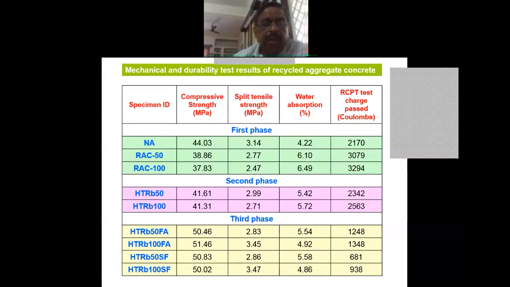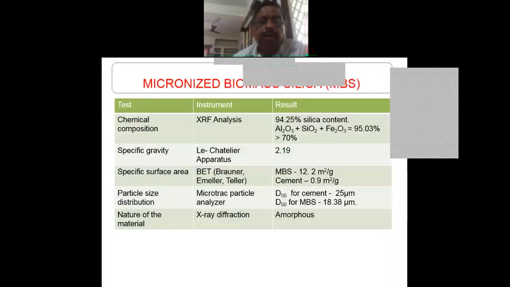So in the next phase, because silica fume is very high cost and fly ash volume is also high, we tried the biomass silica, MBS, because these come from the controlled burning of rice husk. So we procured that rice husk ash, and it has very high silica content, reactive silica, but the cost compared to silica fume is very, very low.